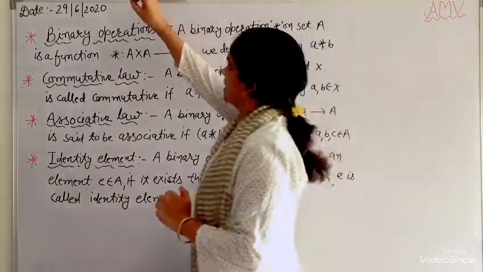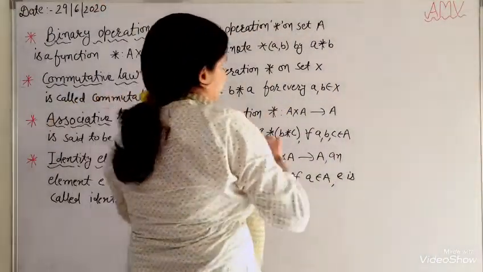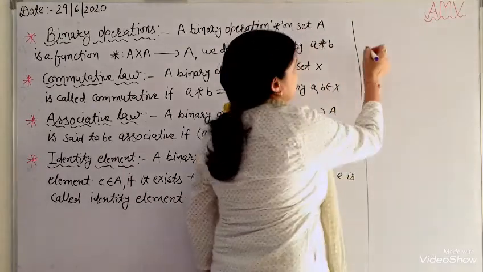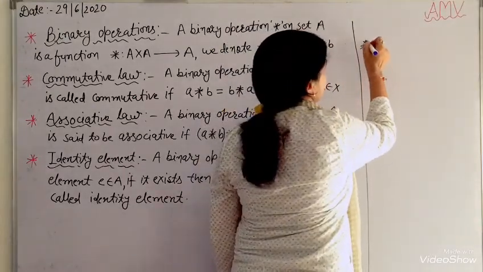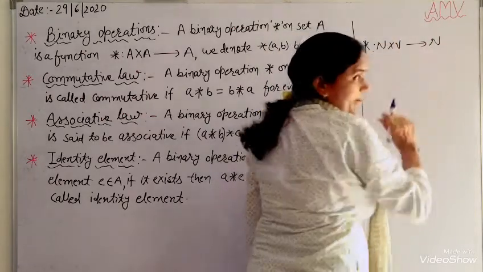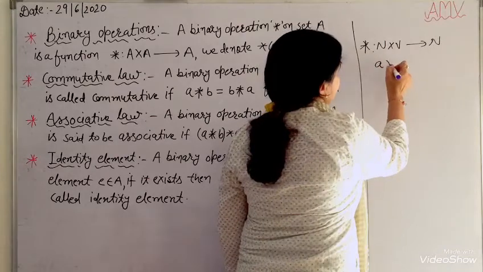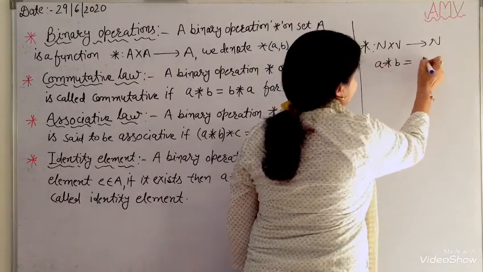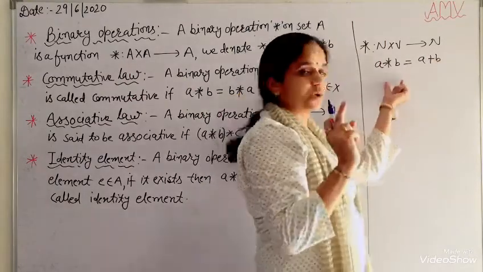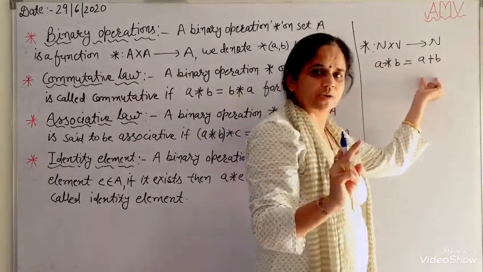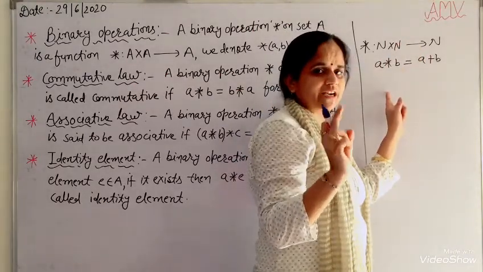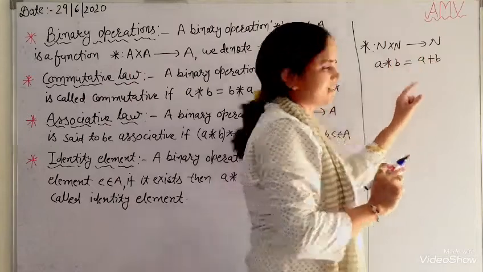It means, students, that there is a function from N cross N to N, and here a star b is defined as a plus b. If we add two natural numbers, N is the set of natural numbers. We are taking two elements from N cross N.